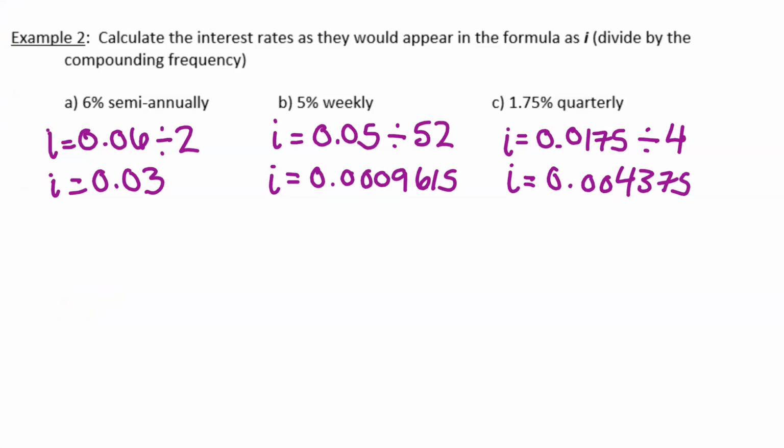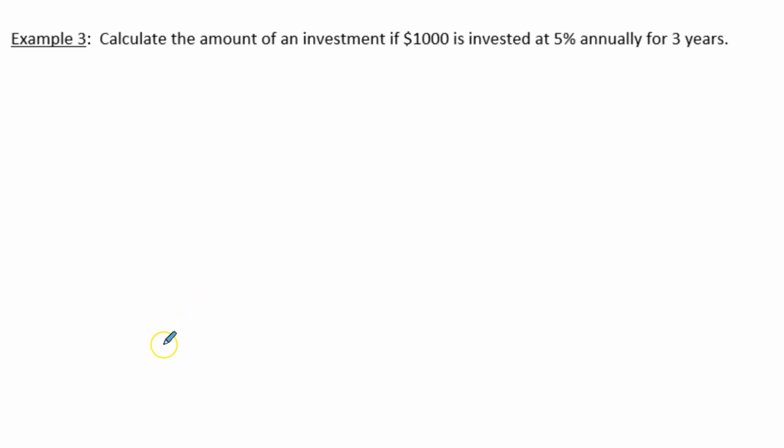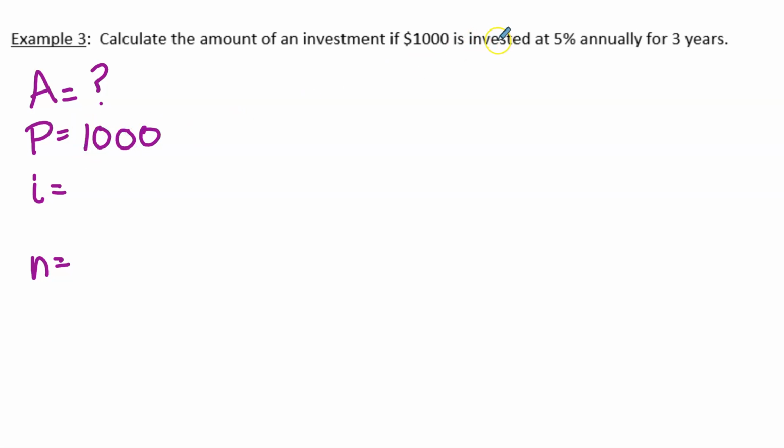Okay, I'm going to do 2 worked examples with you to show you the whole process together. Okay, so if we remember the formula, we had A, P, I, and N, a pin. So, we read the question, calculate the amount, so I don't know the amount, of an investment of $1,000, that's my principal, that's how much is being invested, at 5%, I'm just going to go ahead and write that as a decimal, for 3 years.